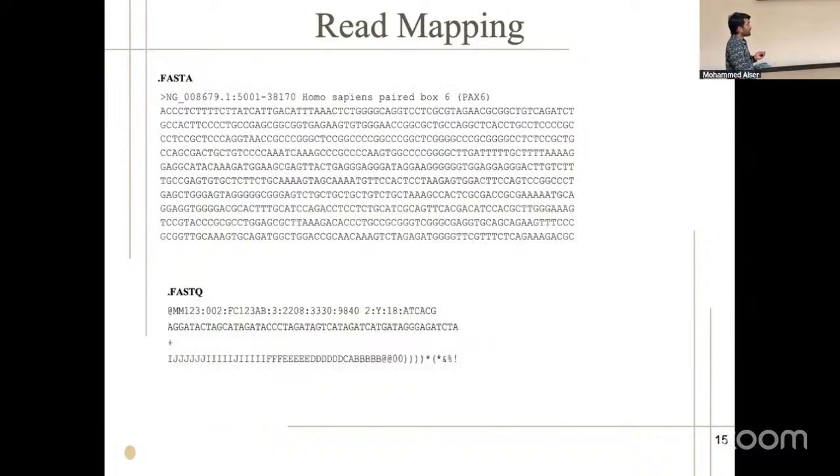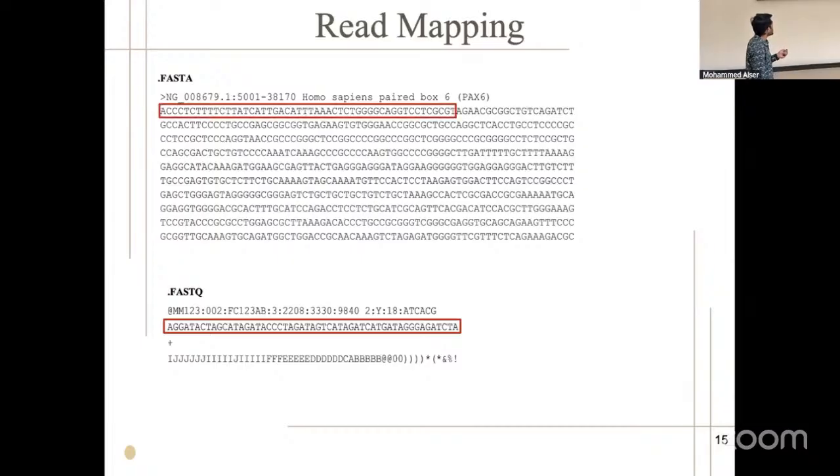Now I will explain the read mapping step with the same two file formats I showed you earlier. This is the FASTA reference genome file and the FASTQ file. In the FASTQ file, this is the read. You have to match it against the whole reference genome.